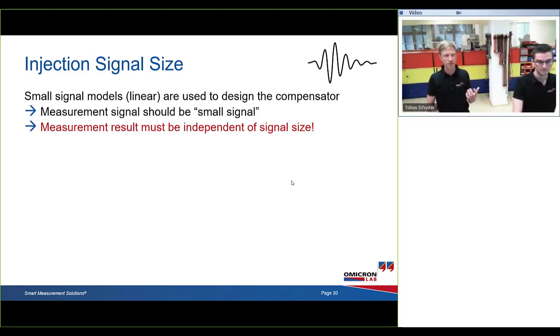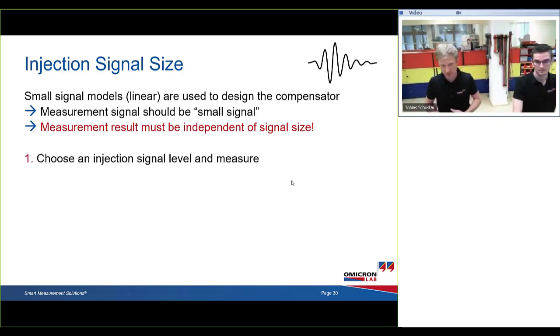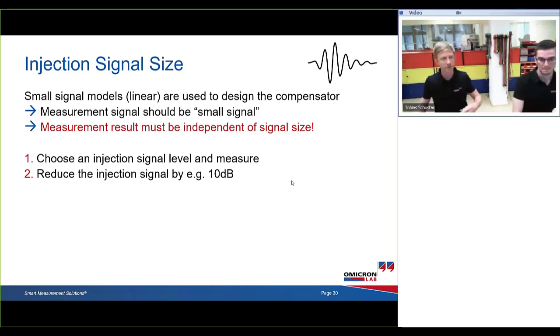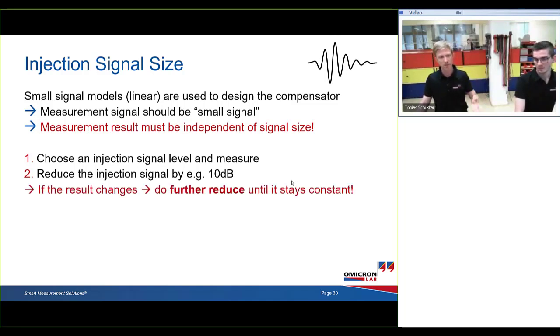So you can check that quite easily by first choosing an injection signal level and making a measurement. Then reduce the injection signal by, let's say, 10 dB. And if the measurement result changes, then the signal level was too high. To check if it's still too high, you can again reduce it.